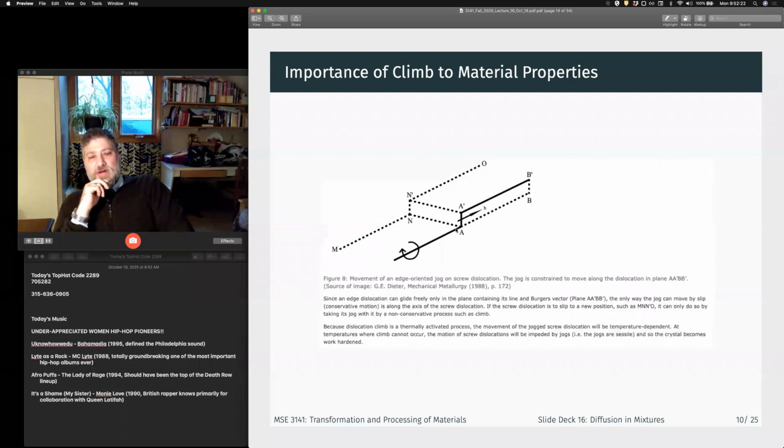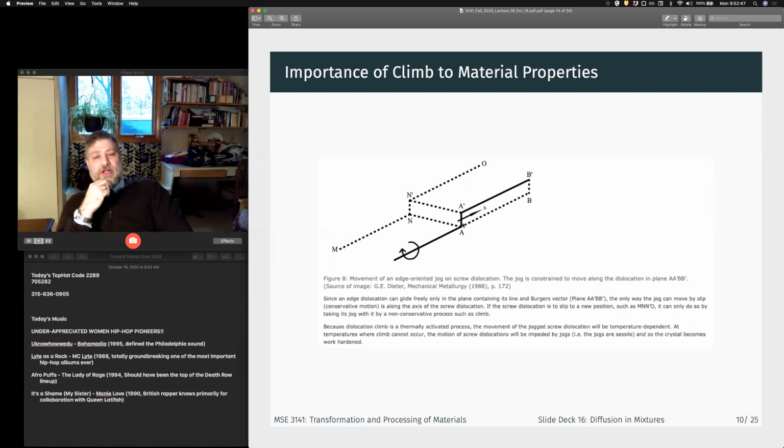So it's a little easier to look at here. The Burgers vector of the screw dislocation is parallel to the line. Just because I have a jog here, it doesn't actually change my Burgers vector. Remember, a dislocation is a boundary between a region that's undergone slip and a region that hasn't slipped yet.